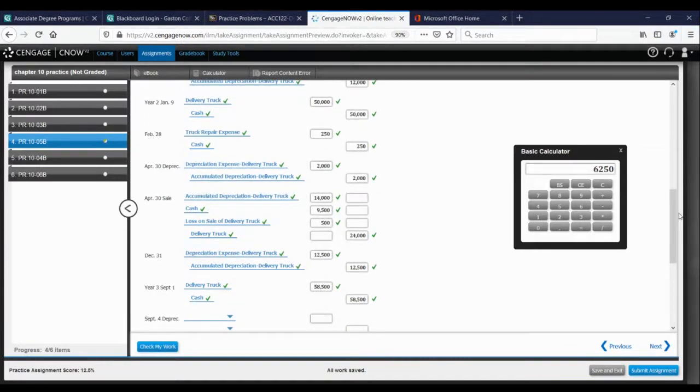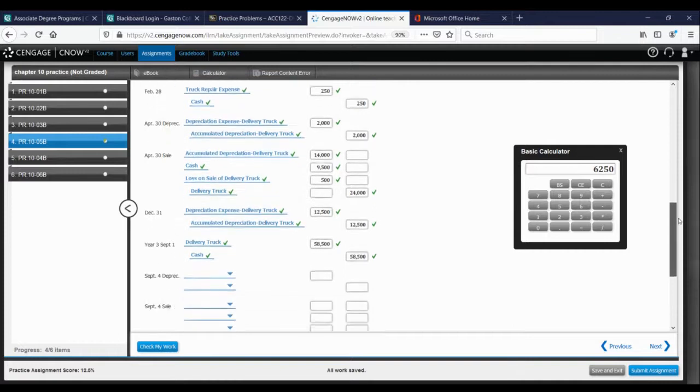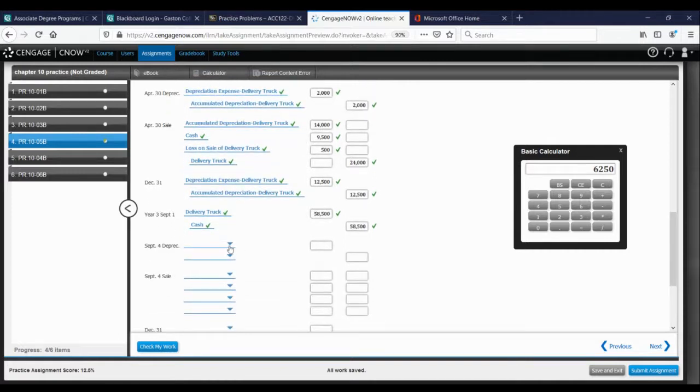Because we had depreciated at December 31st, from January to September when we're selling this asset, we have to record the depreciation amount. We're bringing the depreciation up to date by debiting depreciation expense and crediting the contra asset account accumulated depreciation.